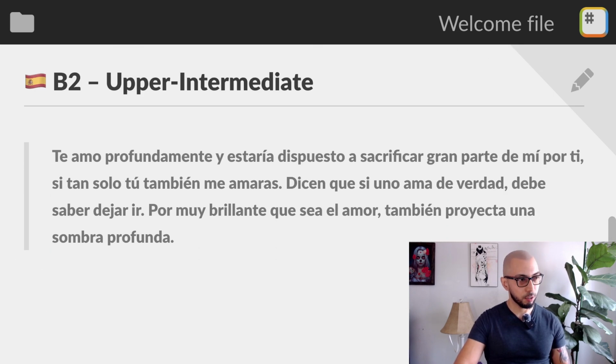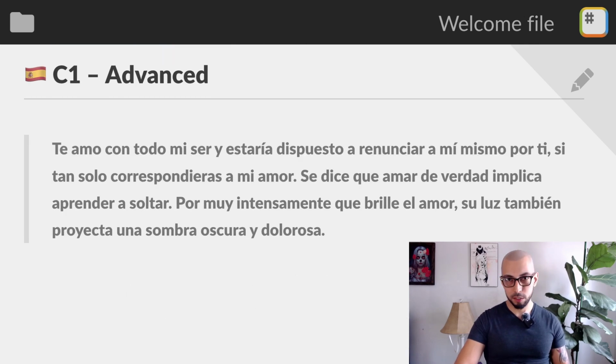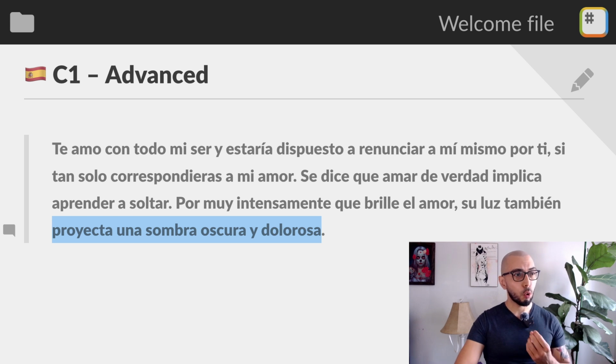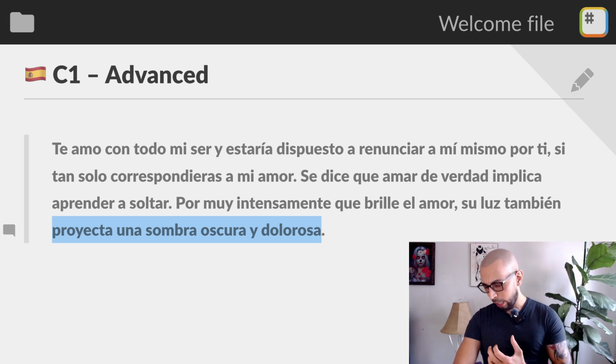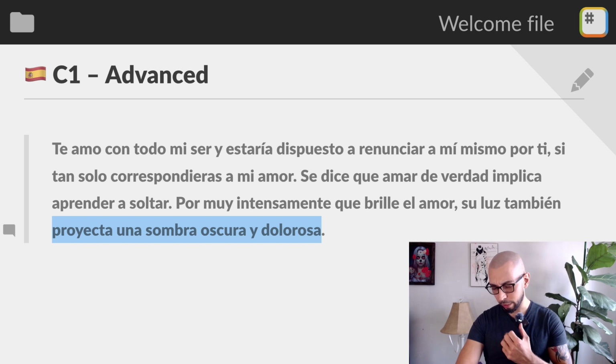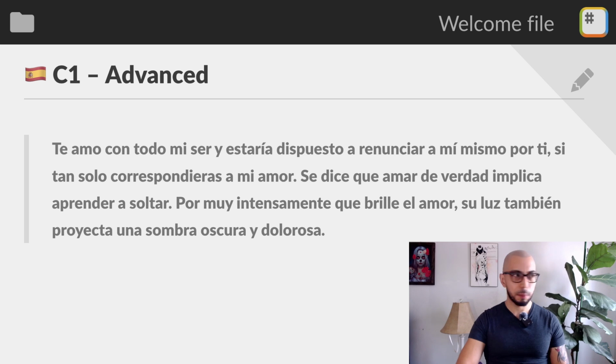Oh, a profound shadow. So at the B2 level, we're kind of hinting at the emotion of the shade that love casts. At the C1 level, let's make that explicit and clear for everyone to see. We're not hiding here. We don't hide in the dark. We express ourselves in the dark. Su luz también proyecta una sombra oscura y dolorosa. Ay, amor. ¿Por qué? It's beautiful. I think that's all I have to say about the C1 level.